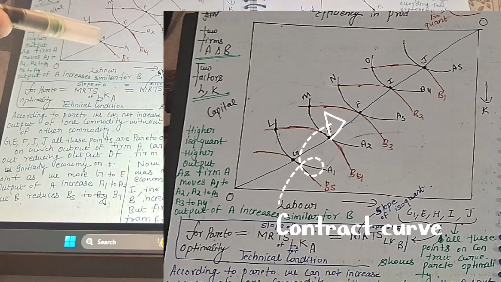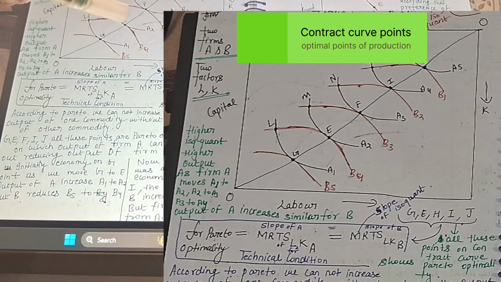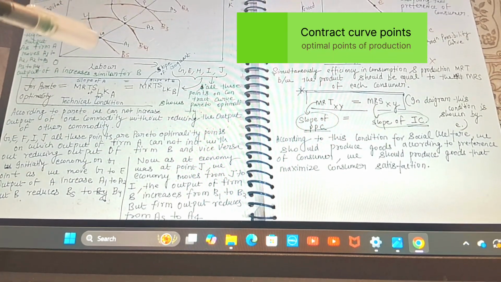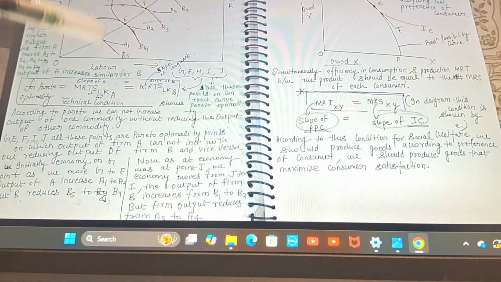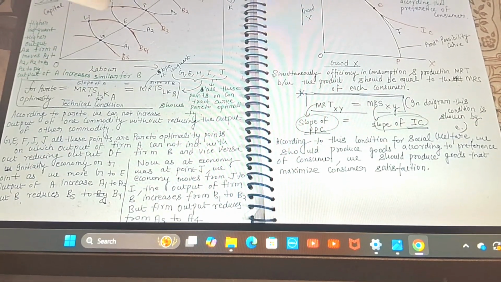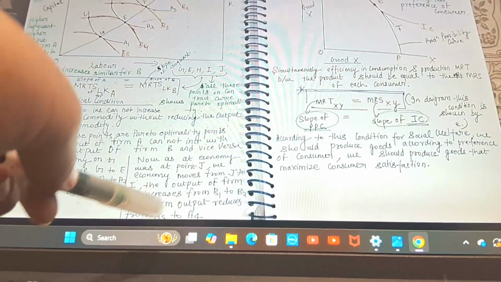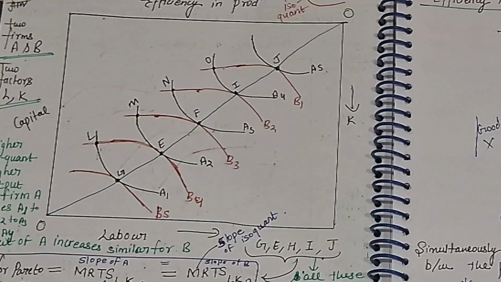So as we move from G to E to F, we can see that if the production of one firm is increasing, the production of the other firm is reducing. And as we move from point J to point I, we can see the output of firm B increases from B1 to B2, but firm A's output reduces from A5 to A4.